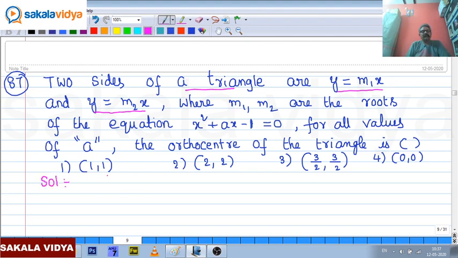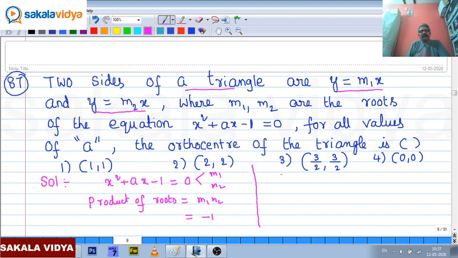See, x square plus ax minus 1 is equal to 0 has two roots, m1, m2. Product of the roots, that is m1 into m2 equal to constant term by x square coefficient, minus 1. Therefore, these two lines are perpendicular.